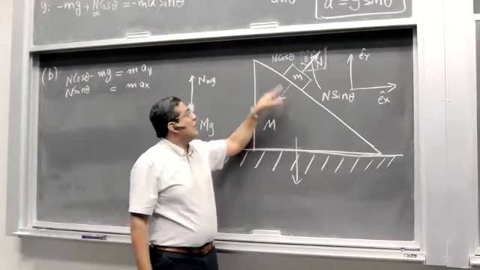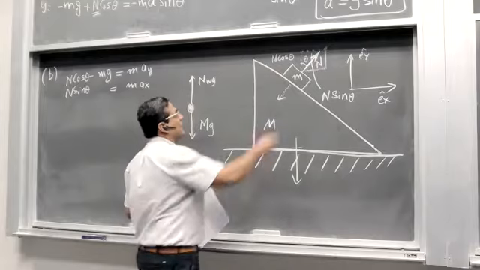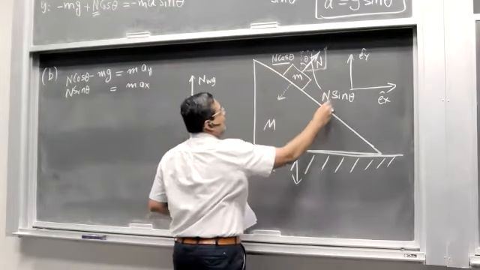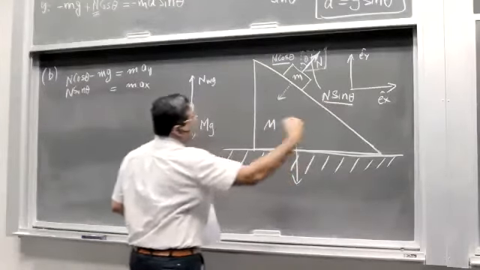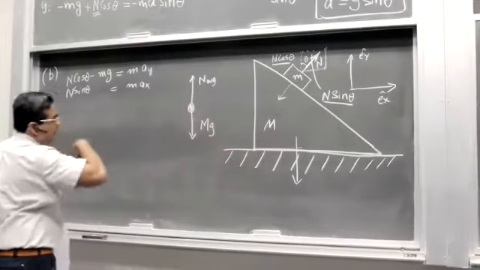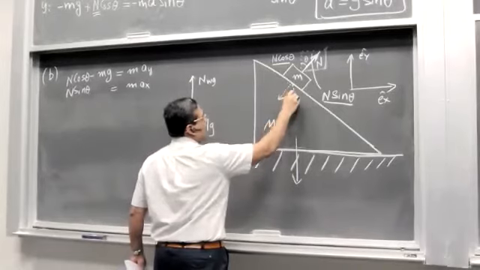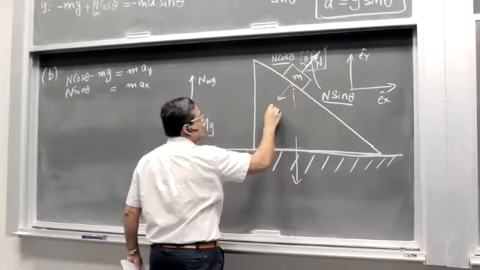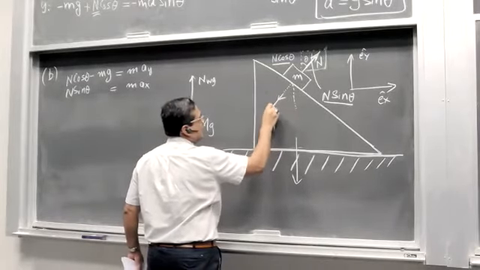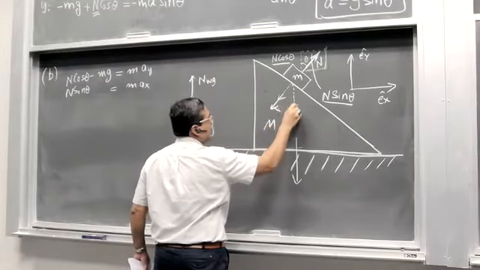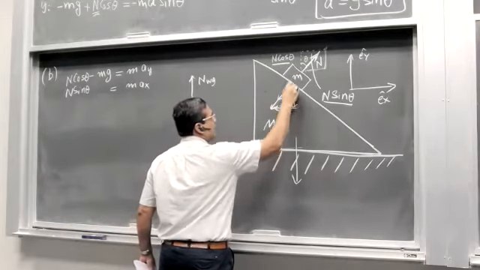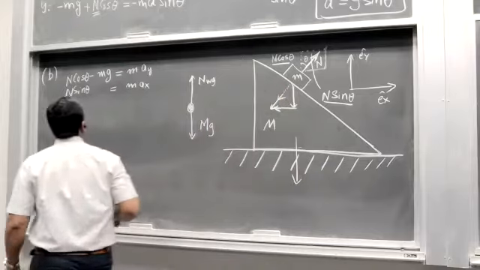So its components would be just the same, n cosine theta and n sine theta, but in the opposite direction with negative sign in our coordinate system. So there would be a force like this.